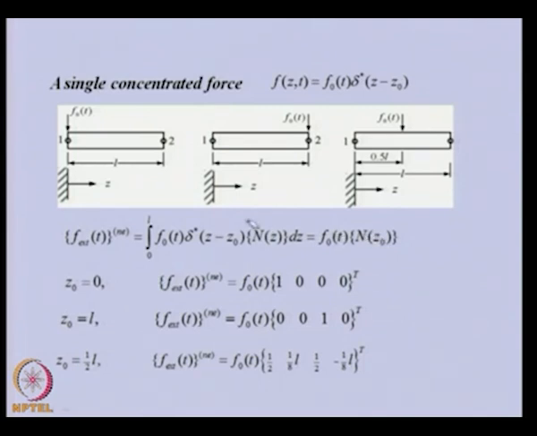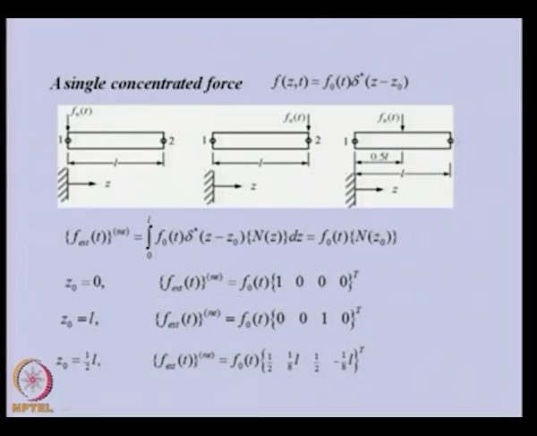We know that this Dirac delta function, if we want to integrate this term, because this is constant, this will go out, but this function will be evaluated directly by putting z is equal to z naught. That is basically the explicit integration of this.